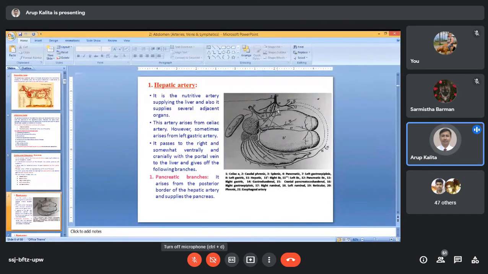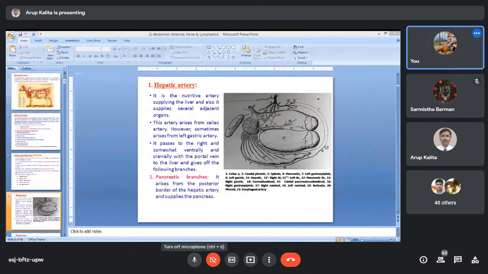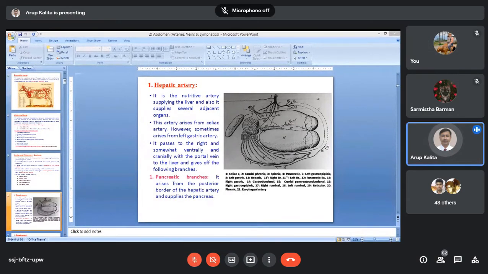You see here 2 branches. Number 12 is visible to you. So the hepatic artery will give one branch, and that is called the pancreatic branch.